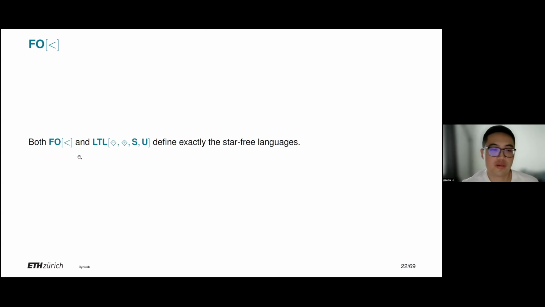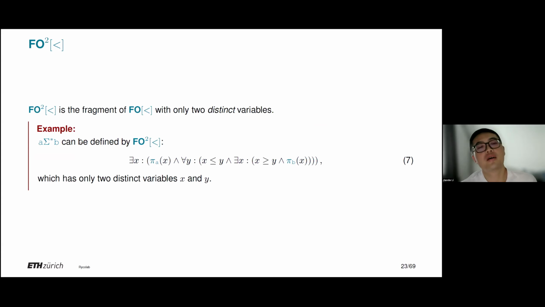It was known that both first-order logic and linear temporal logic are equally expressive, and they both define exactly the star-free languages. If we restrict the number of distinct variables to 2, we get FO2. Note that we are restricting the number of distinct variables.